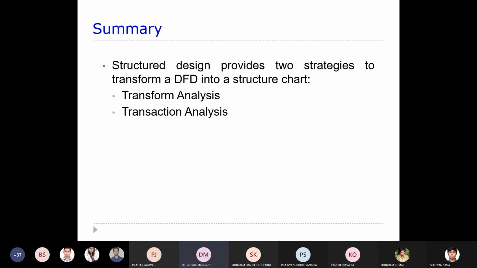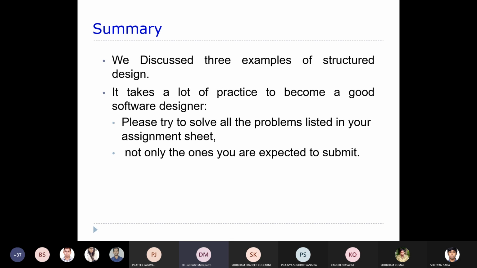We have also seen transform analysis and transaction analysis, right? Then you have taken an example of this structured design. You need to understand these and then you can develop good software.